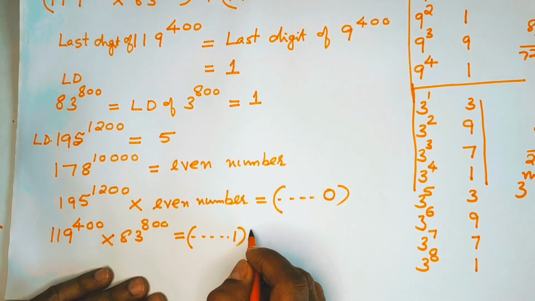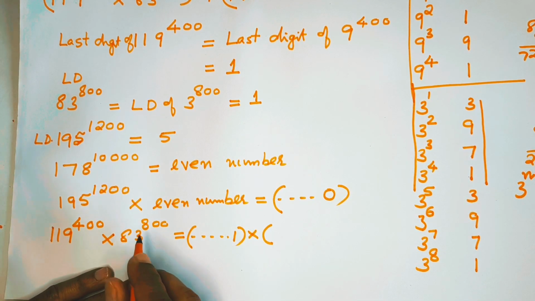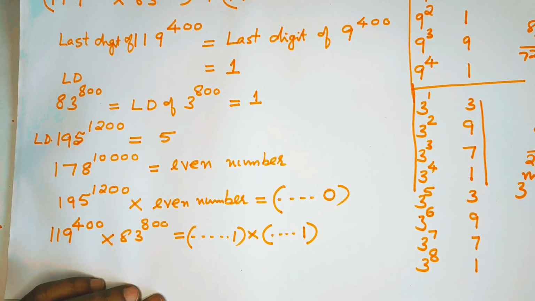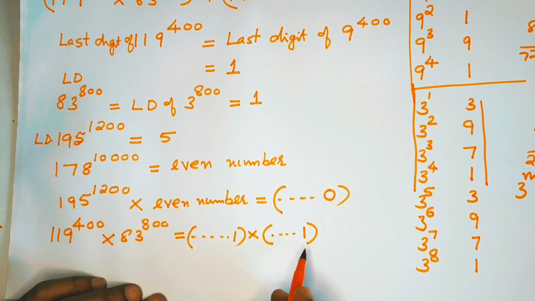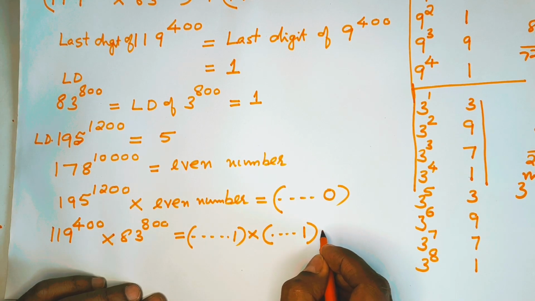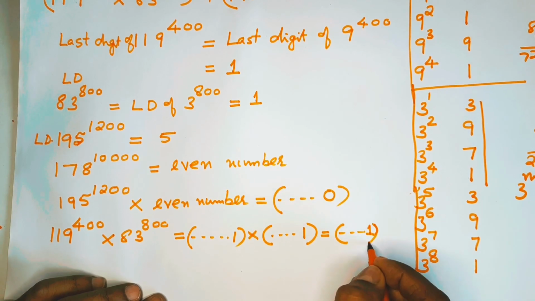We are not bothered about that. Then multiplied by 83 to the power of 800, I showed you the last digit is 1. So basically you have two numbers both ending in 1. And when you multiply two numbers ending in 1, what would be the last digit? Obviously 1. No doubt about that.